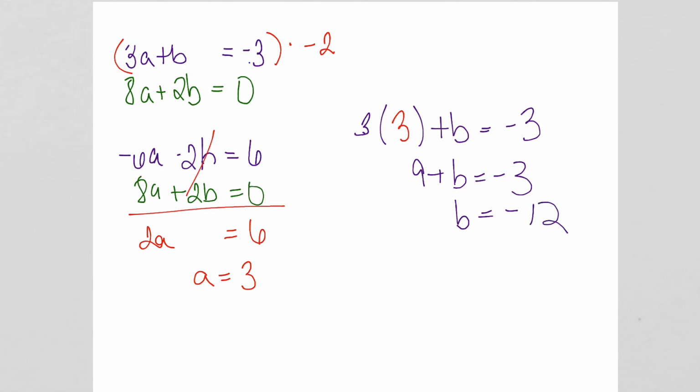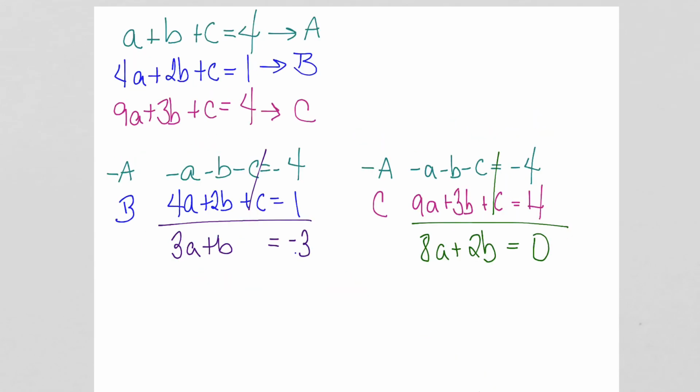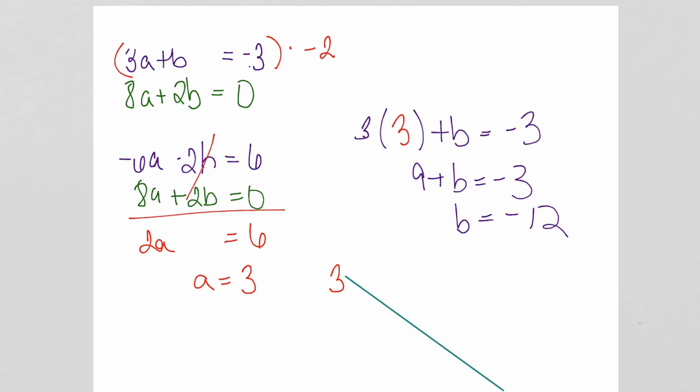Subtract 9, we've got negative 12. And then if we go back to the first equation, we had a, which was 3, plus b, which we just found to be negative 12, plus c equals 4.